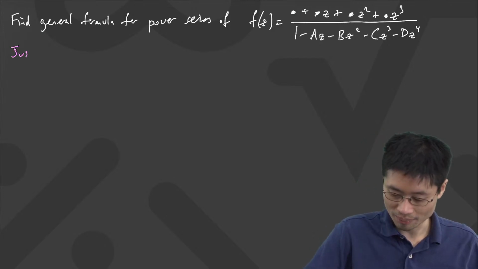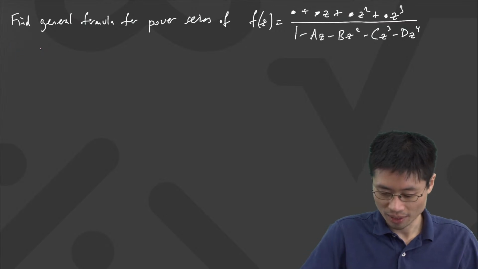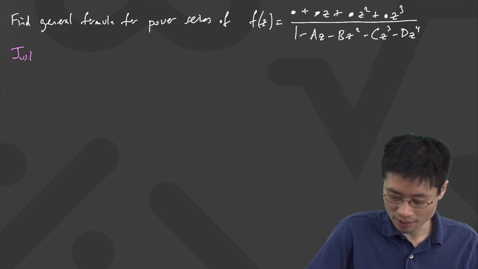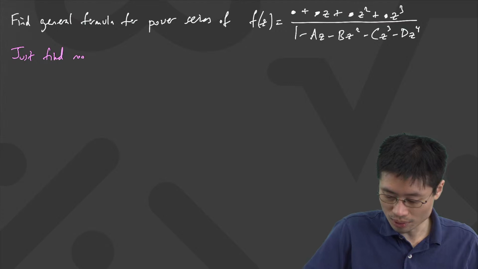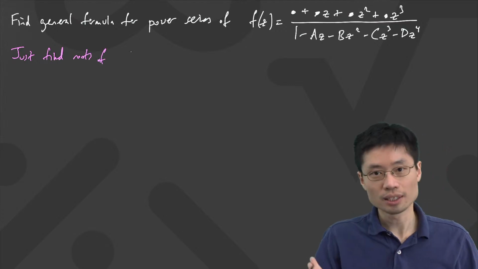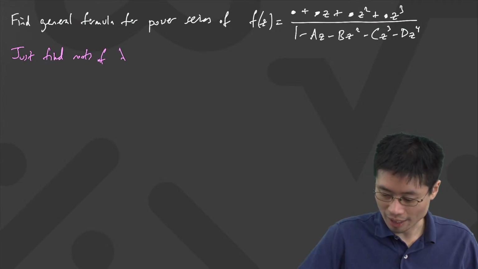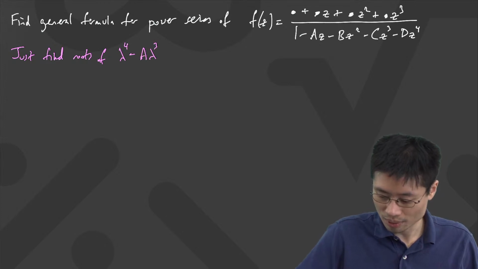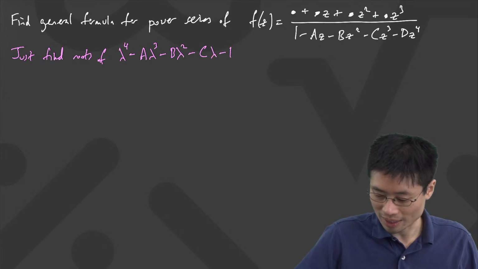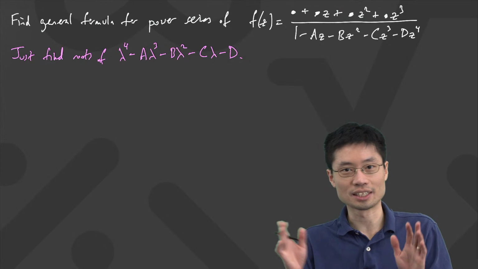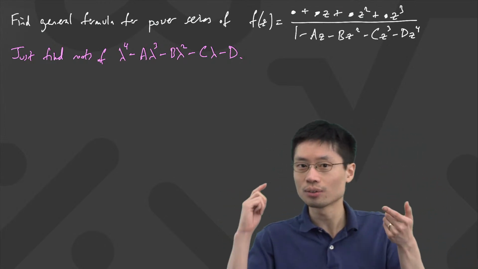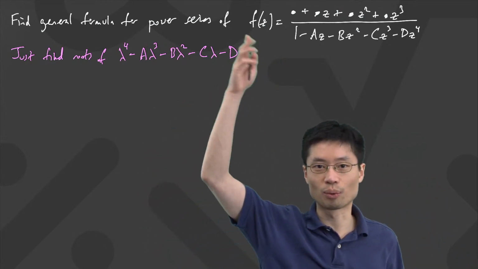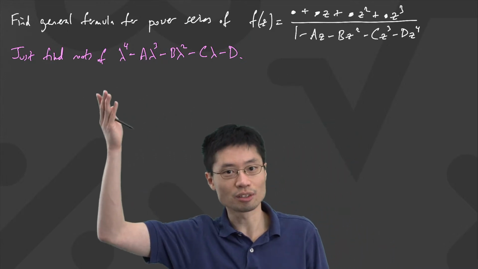What we saw last time is just find the roots of this equation. There was an equation which was lambda to the 4th minus A lambda cubed minus B lambda squared minus C lambda minus D. And if you're curious again, how do I flip from this 1 minus thing into this lambda to the 4th minus thing?